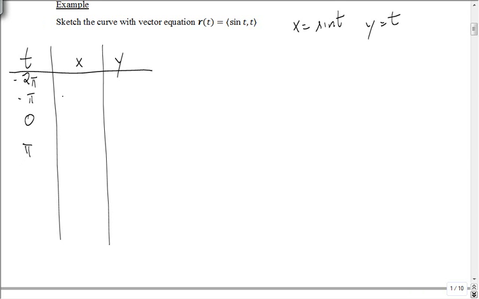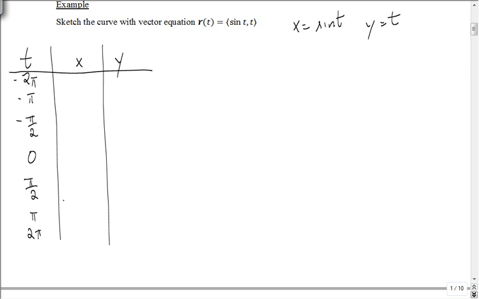Let me put in a negative pi over 2 just in case. We don't have to, but I just want to see what's going to happen, okay? And then that would enable me to know basically what the curve is going to look like. So let me put pi over 2, pi, 2 pi. You could insert a 3 pi over 2, but I'm not going to.